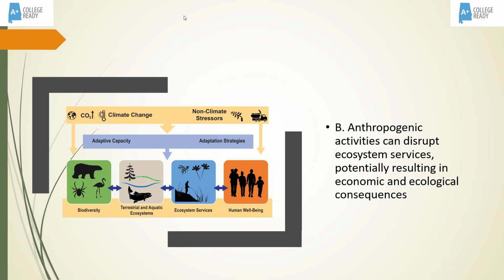So, as you see at the chart, the climate change and non-climate stressors, the CO2 rising and increasing temperatures, the adaptive capacity and adaptation strategies. As you see, biodiversity, the terrestrial and aquatic ecosystems, ecosystem services, and human well-being, how they are all tied together.